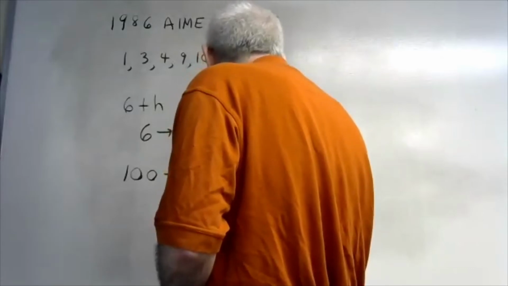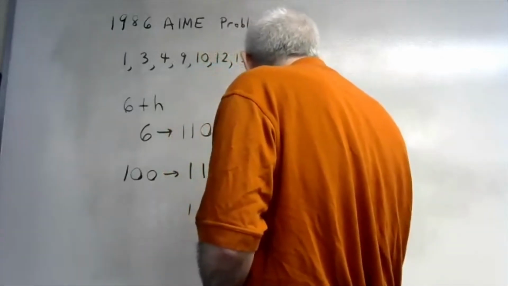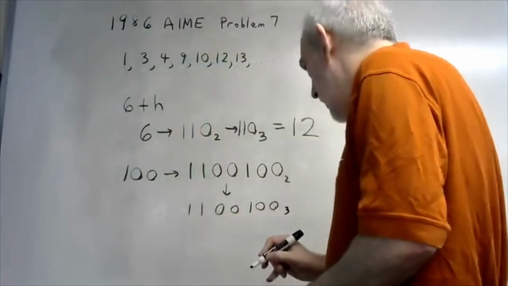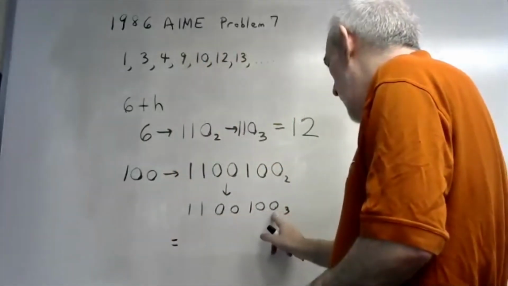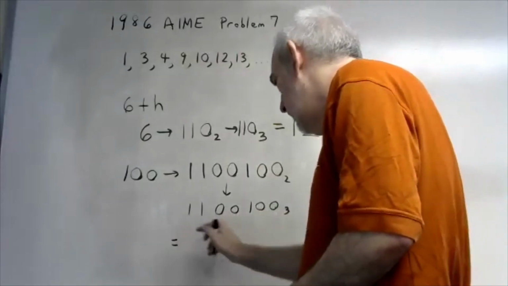Now change that into base 3, so 1100100 base 3, and calculate what that is. This is the 0th power, 1, 2, 3, 4, 5, 6th power.